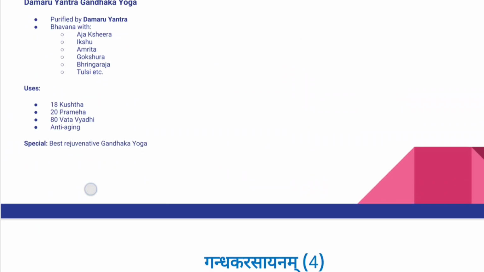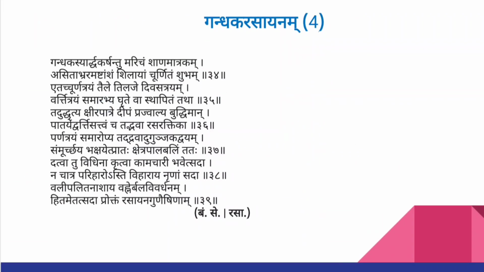Now we see the fourth variation, from the Vangasen. In this, the ingredients used are Shuddha Gandhak taken as half karsha, Marich taken as 1 shana, that is approximately 3 grams, and Shuddha Krishnabhrak, taken as 1/8 part of this mixture. Preparation method: grind these 3 ingredients into a fine powder on a stone mortar.